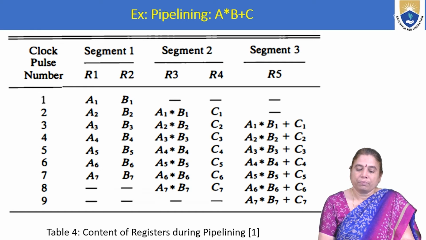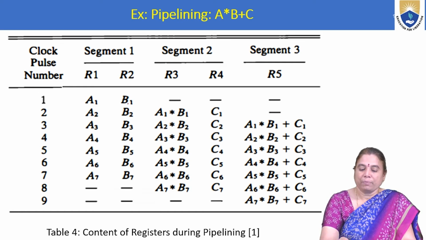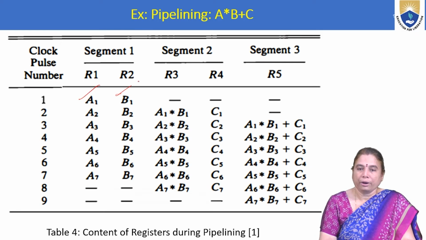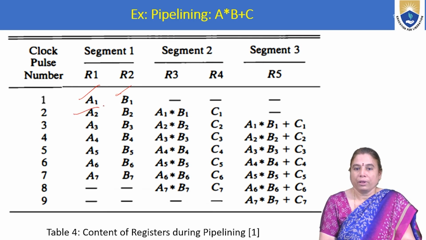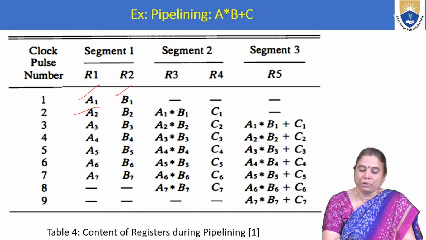During the first clock pulse, the segment 1 operation is performed so that A is stored to R1 and B is stored to R2. At the second clock pulse, the second set of A and B values is stored to the corresponding registers R1 and R2, and the first instruction moves to segment 2 execution.